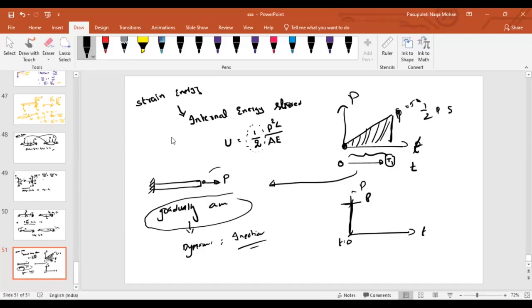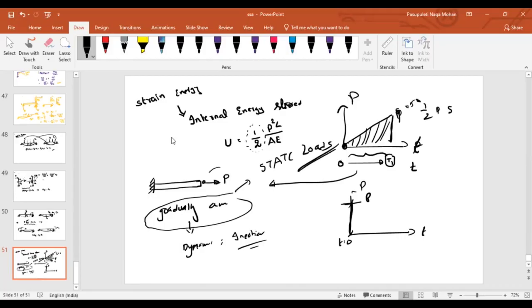If you apply the load suddenly, inertia comes into the picture. For example, if you are moving on a bus and the brakes are applied suddenly, due to inertia we move in the forward direction. To neglect these inertial effects, where the effect of mass also comes into the picture, we slowly increase the loads. That means whenever we talk about gradual loads, we are talking about static loads only.